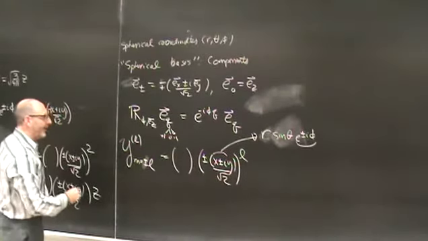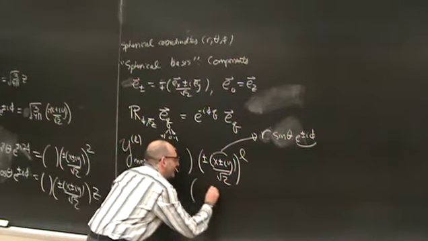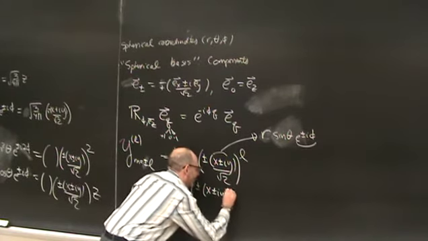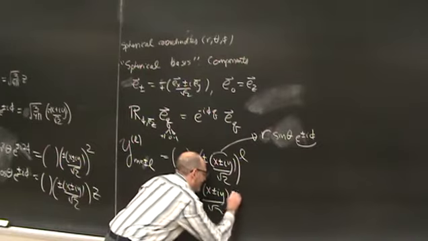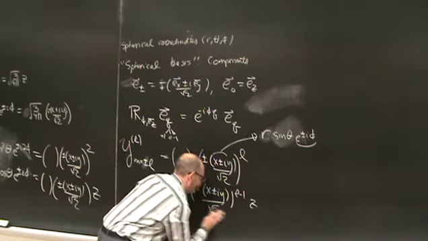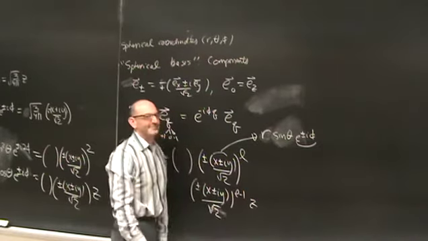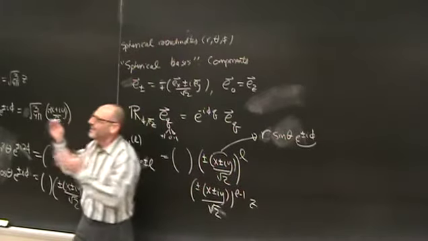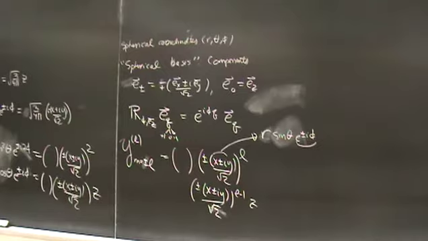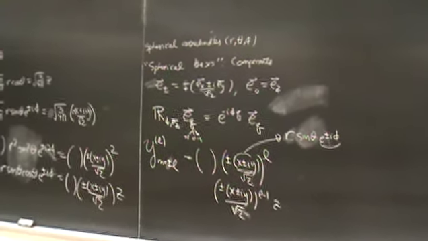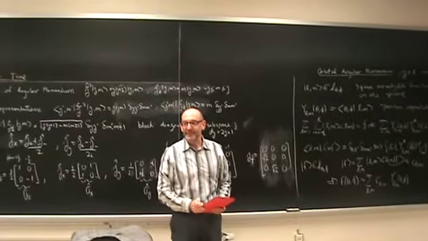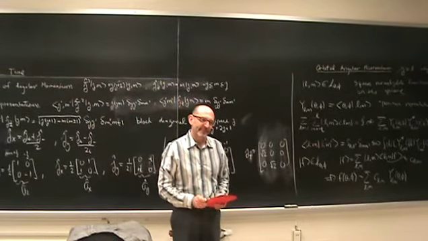And the lowering operator is going to take this down to plus or minus x plus or minus i y to the L minus 1 times z. And now where the heck is the lowering operator here? We had the lowering operator in matrix form, but now we need the lowering operator in the position representation, right?